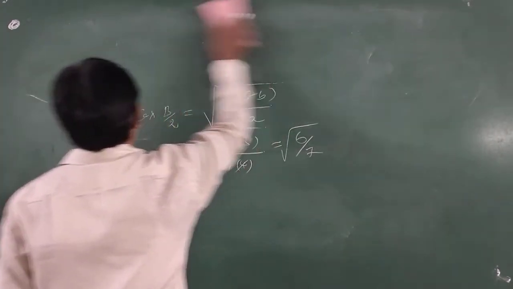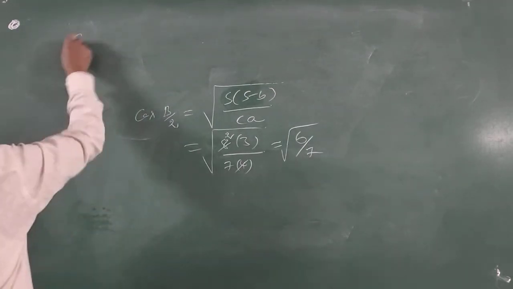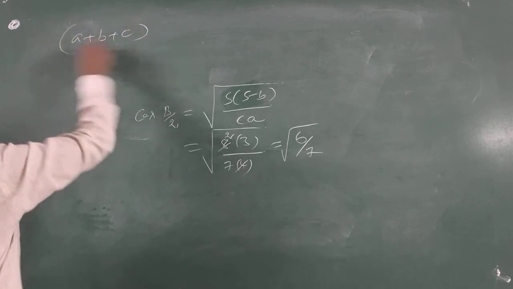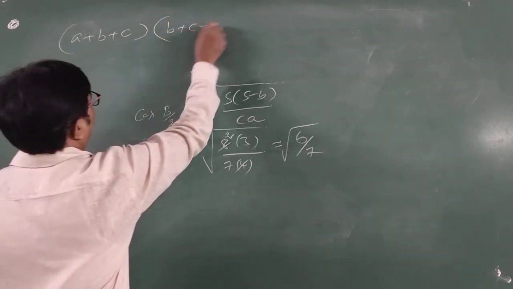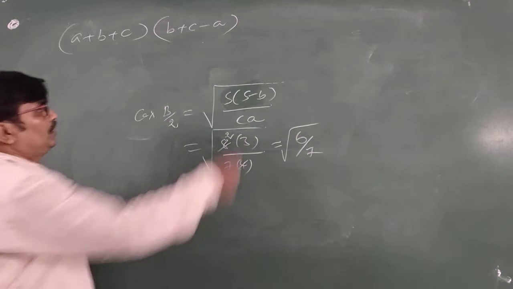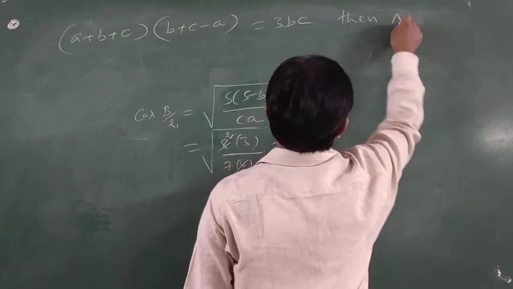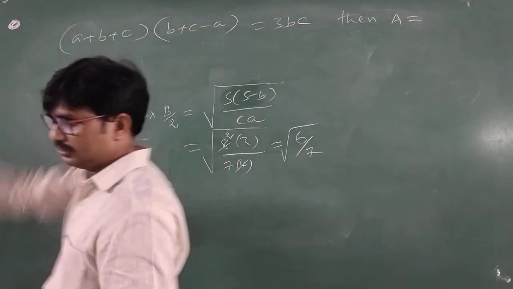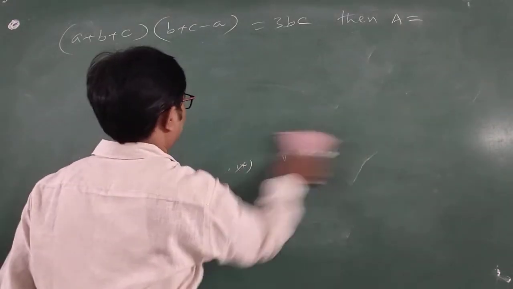Now students, another question. If a plus b plus c and b plus c minus a equal to 3bc, then find angle A. Okay students, how to find the angle A?